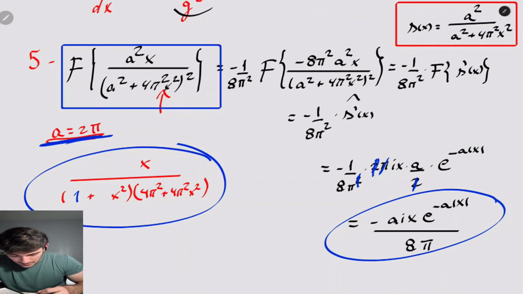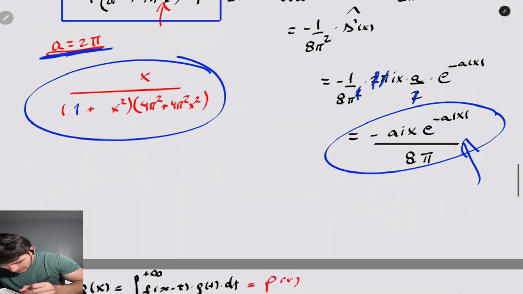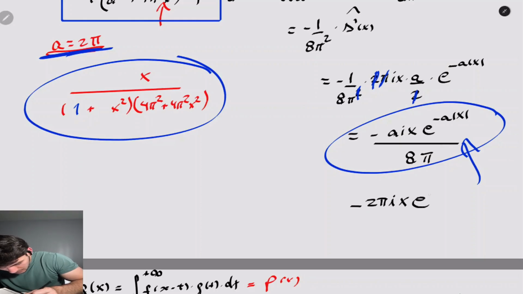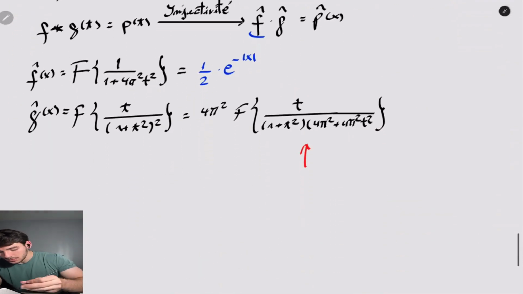The value is this, so we'll just substitute 2 pi for a. So let's do the calculations here. It will be minus 2 pi i x exponential of minus 2 pi modulus of x divided by 8 pi. So this 2 cuts out with this 8, so we'll have a 4 here, and this pi cuts out with this pi. So we'll have basically minus ix exponential divided by 4.